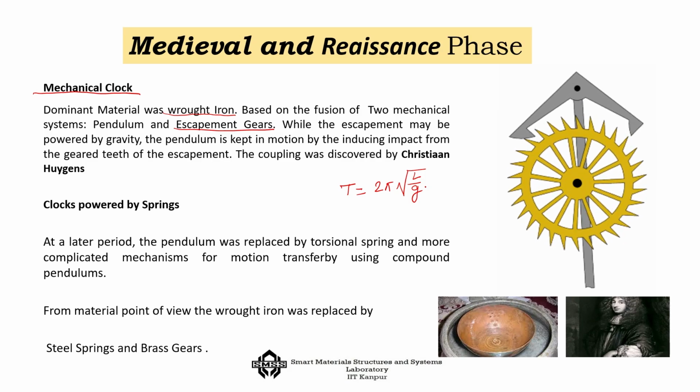However, the important thing is this length. Okay. So if the length is more, then the time period proportionately will be more, and of course it is square root of it. Okay. And if the length is less, then the time period will be smaller. So it should be moving faster.